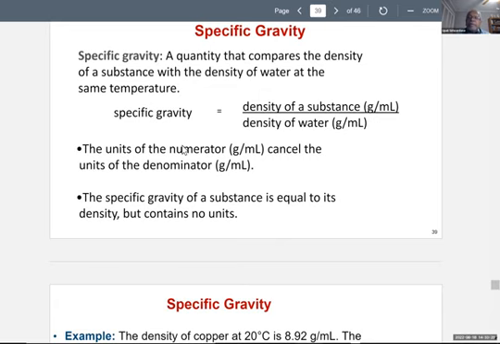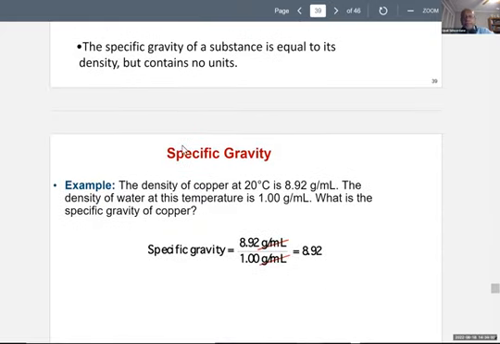Therefore, specific gravity is unitless. And we use this directly. If something has a higher specific gravity number, that has a higher density. So therefore, we interchangeably use specific gravity and density as properties. A lot of places we use specific gravity also. That's why we show you what that is.